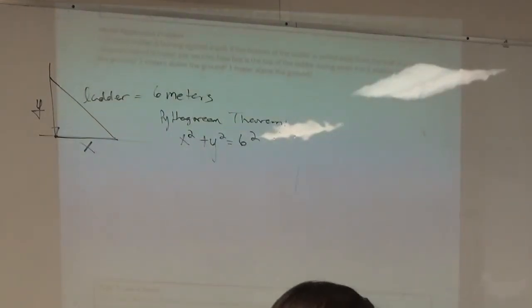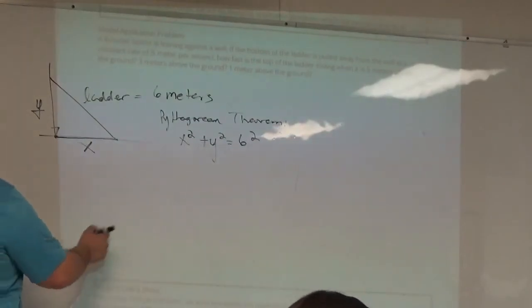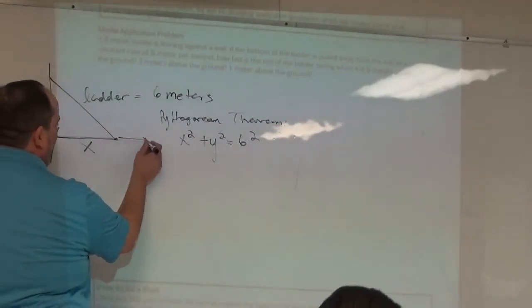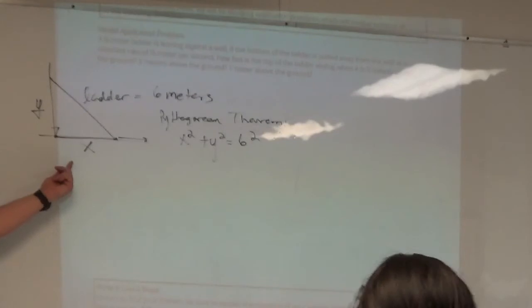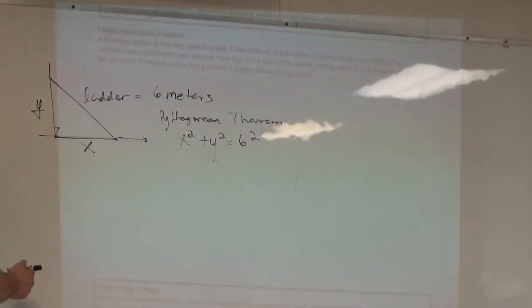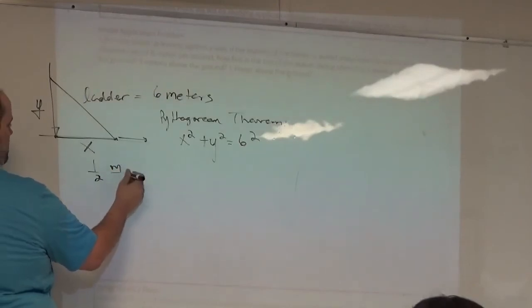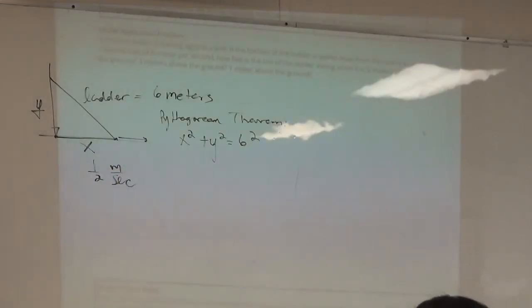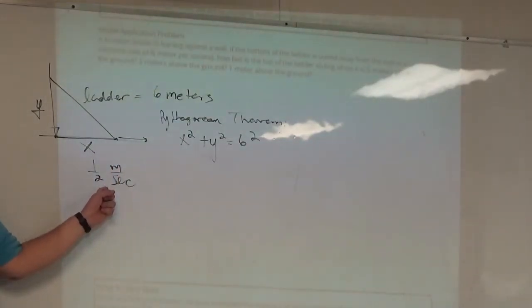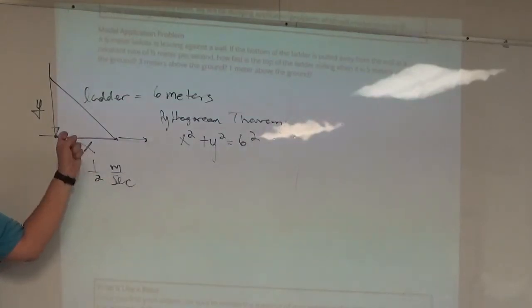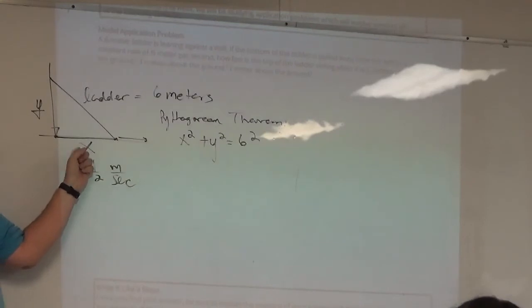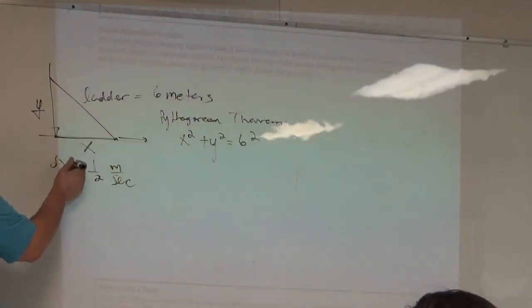What I want to do though is talk about these changes, these rates of change. What we know is that the ladder is getting pulled away from the building at a rate. What was the rate? A half of a meter per second. That half of a meter per second is telling me how the x value is changing. Using my calculus knowledge, the way I'm going to write this is dx.